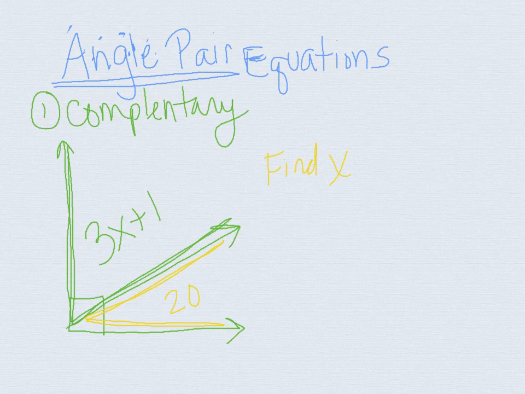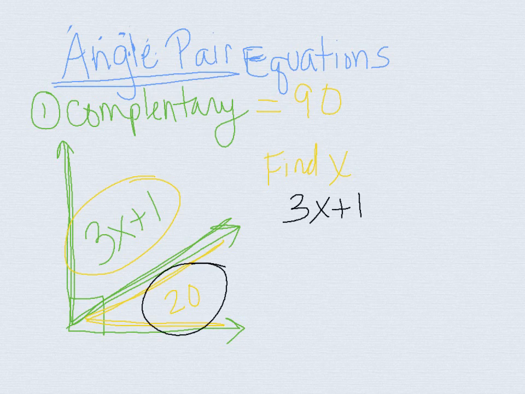What you would do is exactly what the definition says. The definition of complementary is two angles that add up to be 90 degrees. So basically you're going to take part plus part equals 90. Our first part is 3x plus 1, plus 20, part plus part, equals the whole, which is 90.